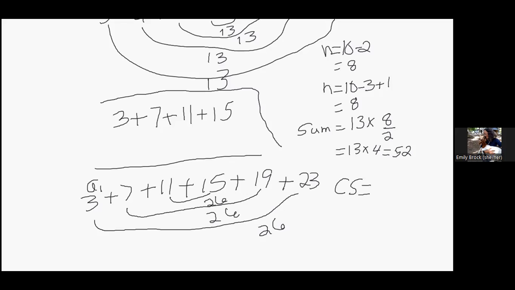This would be A sub 2, A sub 3, A sub 4, A sub 5, and A sub 6. So A sub 6 means the sixth term, the sixth number. Our common sum is going to be the first one. Now I could write A sub 6 if there are 6 terms, but if I just want to generalize it, I'm going to do A sub n, meaning the last term.